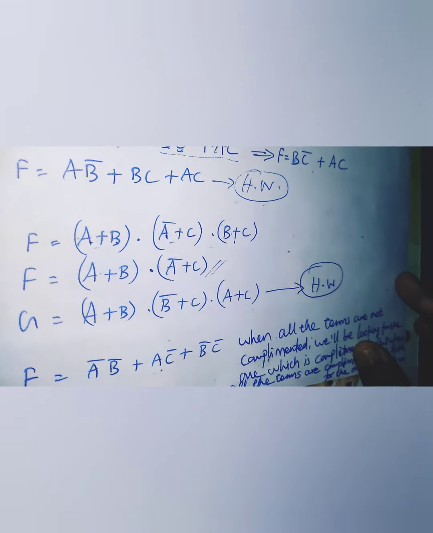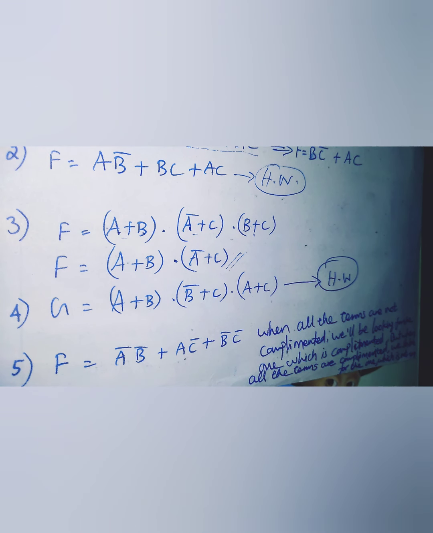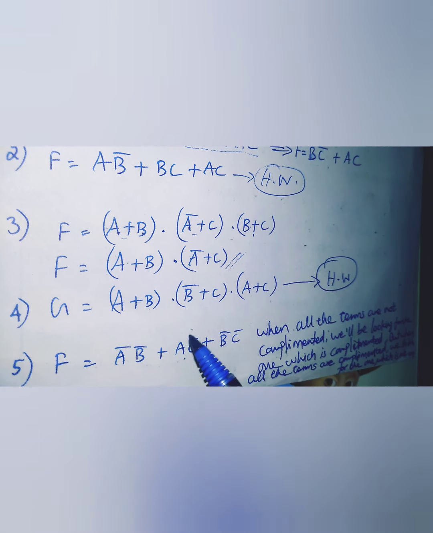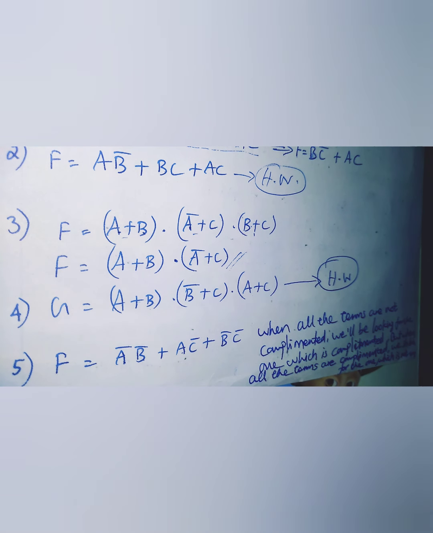Then see this function: A bar B bar plus A C bar plus B bar C bar. This is something different. First of all, check whether 3 variables are present. Yes. Then each variable should be repeated twice: A, B bar and C, so every variable is repeated.